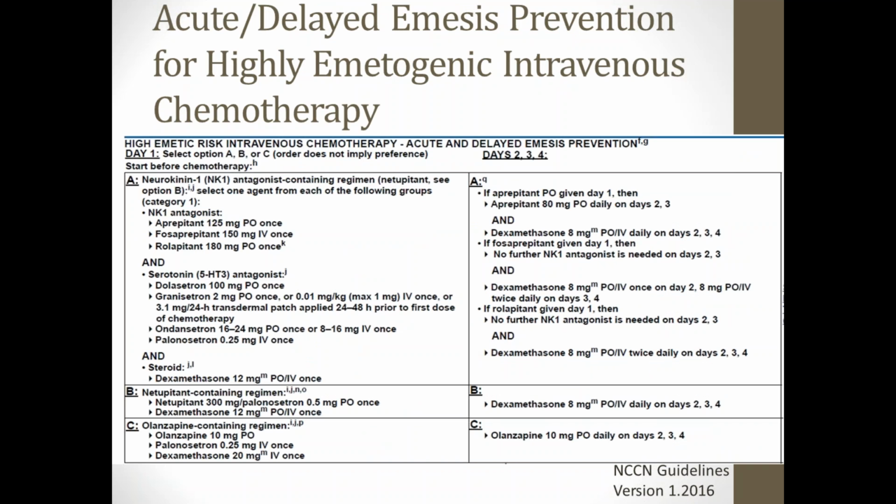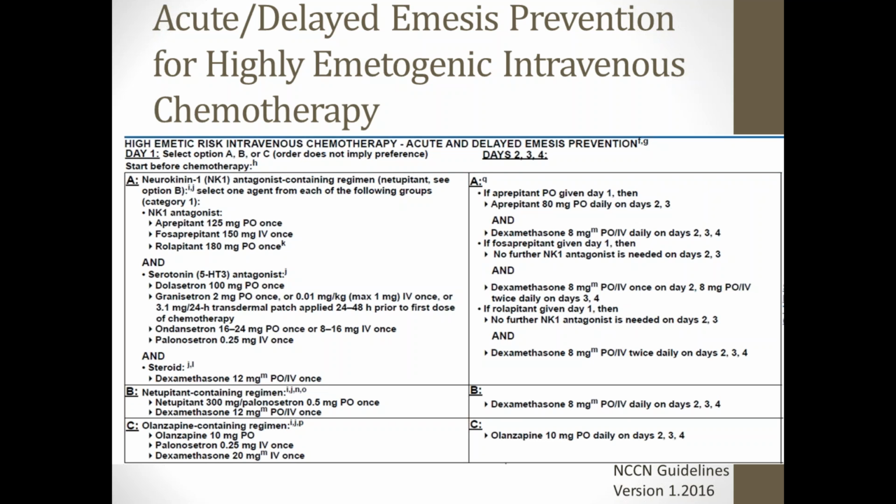This is a table from the NCCN guidelines of how you prevent both acute and delayed chemotherapy-induced nausea and vomiting from occurring in the first place. This is a table for your highly emetogenic IV chemotherapy drugs. In these patients on their first day of therapy, you would want to give them a neurokinin-1 antagonist. Again, an example of that is Emend, and you can see that here.